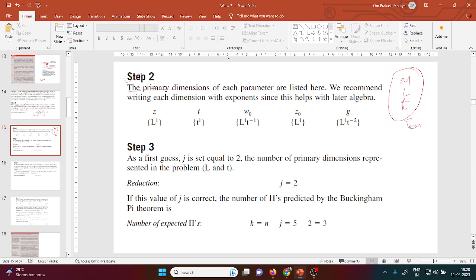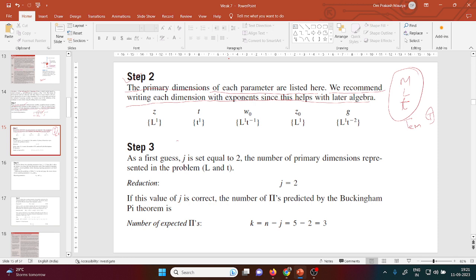For time we use the small t, for temperature we use the capital T. The primary dimension of each parameter is listed here. We recommend writing each dimension with its exponent, since this helps in the later algebra.